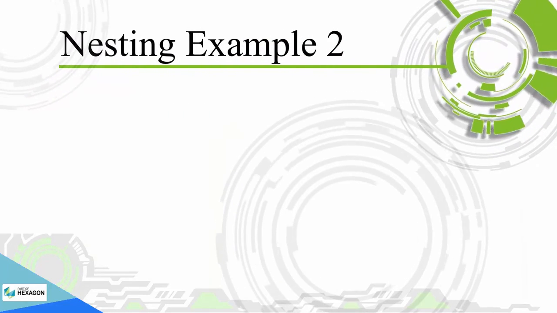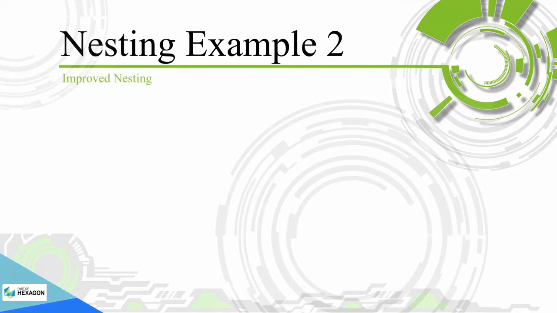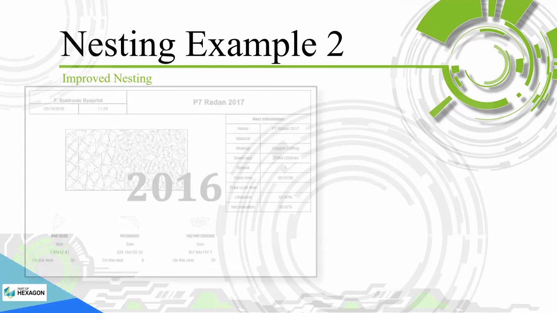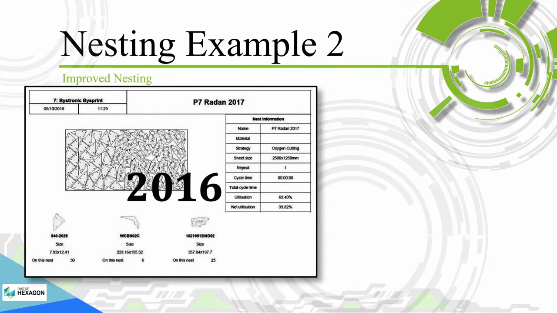Here in nesting example 2, we have nested 3 separate components, and of component 1 we can get 30, 6 of component 2 and 25 of component 3, with a nest utilization of 63.4%.